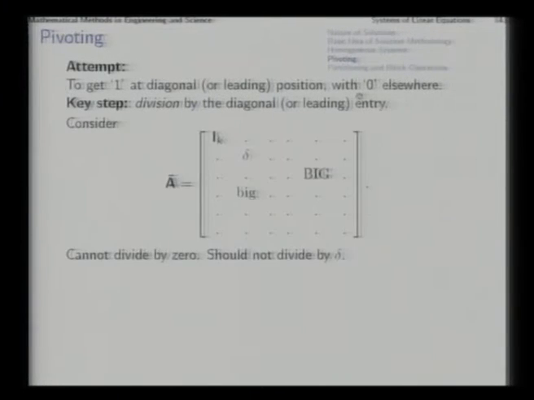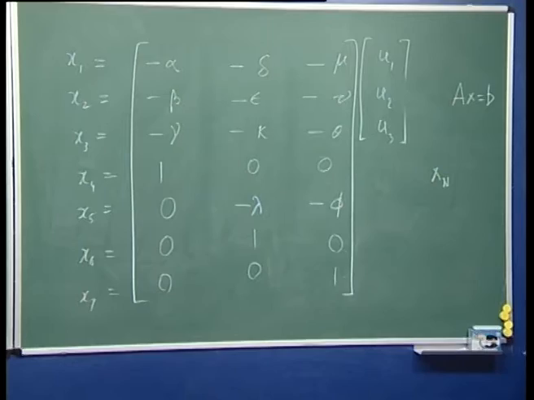Okay. Now, consider a matrix in which, suppose the leading k by k part has been already processed and something is sitting here, which is say delta. Now, if that delta is 0, then we cannot divide by it. In that case, I have already discussed that we can exchange rows in order to get a non-zero number sitting here.